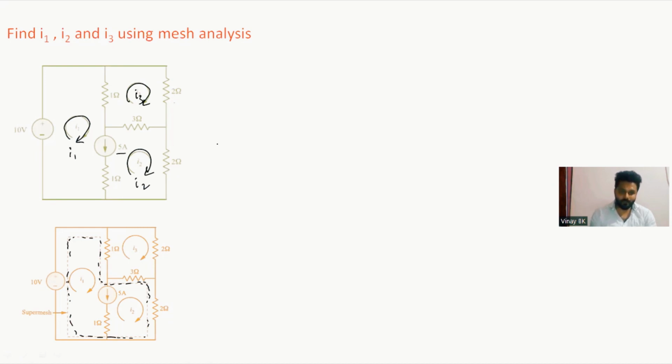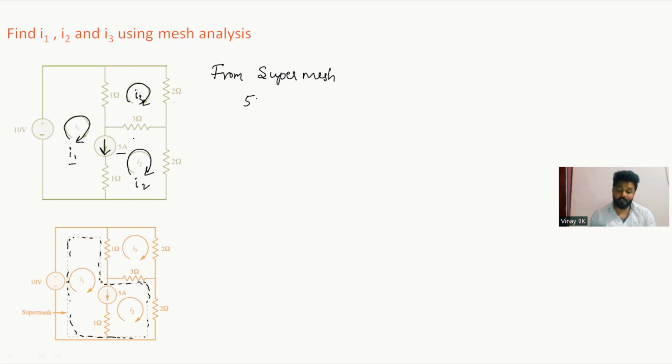So how are we writing it now? You need to write one equation from this 5 amperes. So 5 ampere is downward, and you can observe this 5 ampere is in between loop 1, that is I1, and loop 2, that is I2.